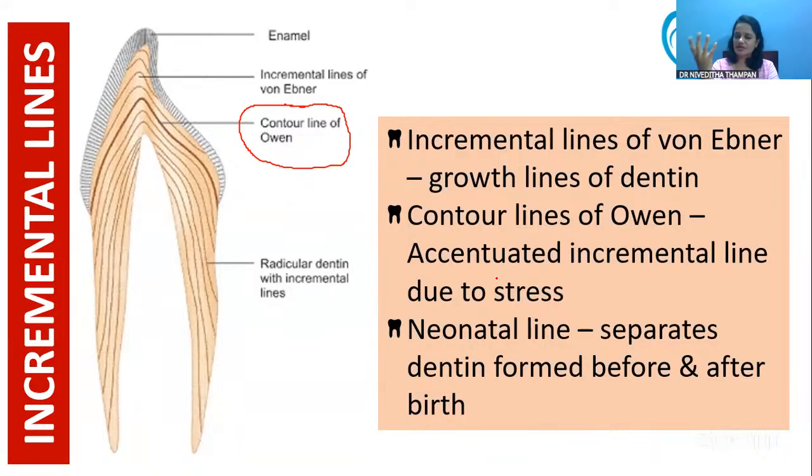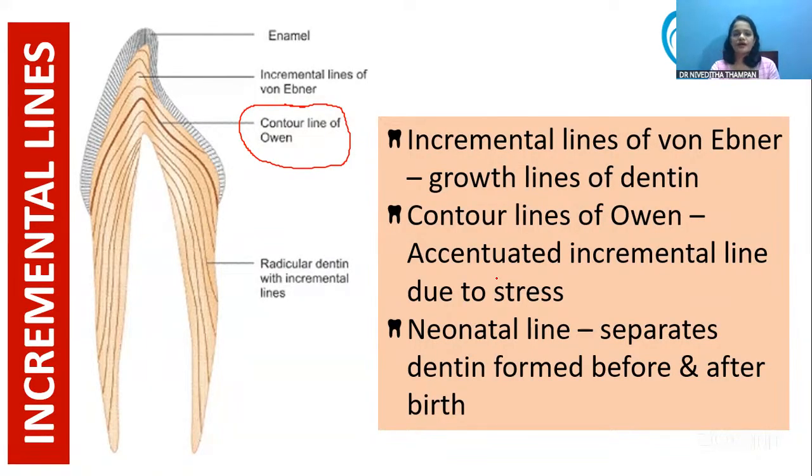It can be birth stress, metabolic stress, or some other body changes because of stress. The line will be prominently seen in the dentin because the dentin deposited before that event and after the event is different. That's why such a prominent line is seen.